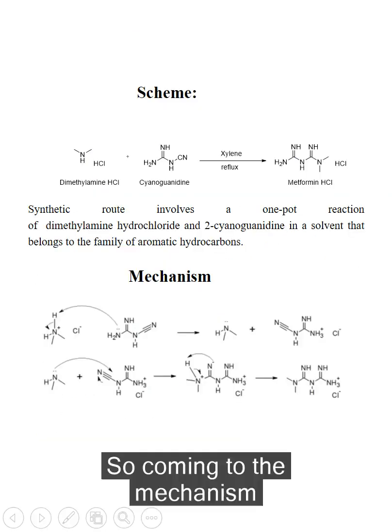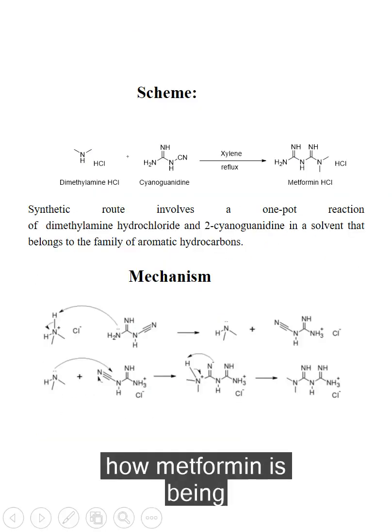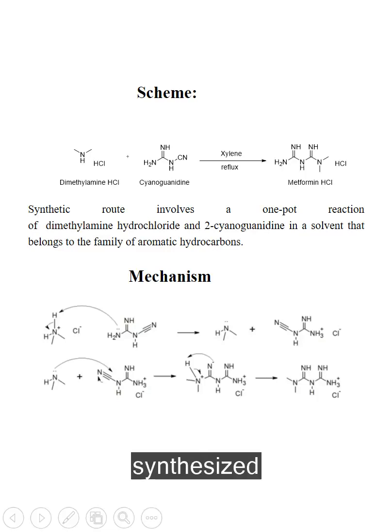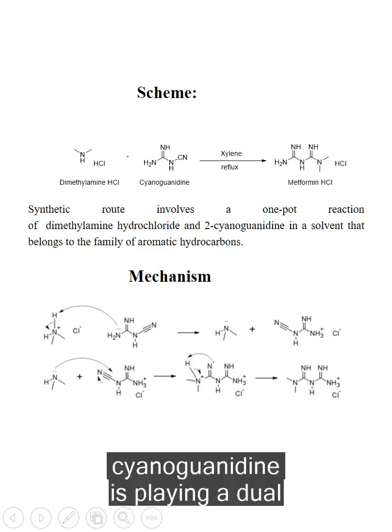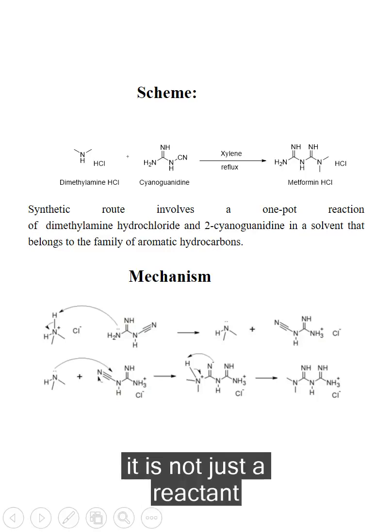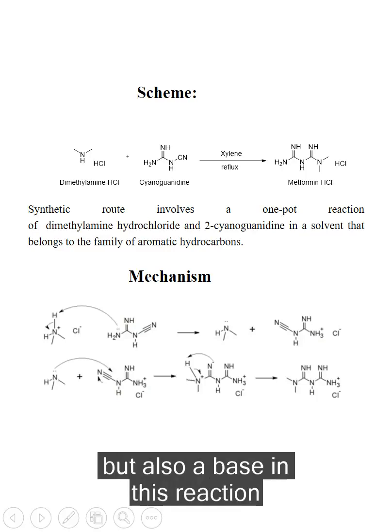So coming to the mechanism of how metformin is being synthesized, I just told you that cyanoguanidine is playing a dual role. It is not just a reactant, but also a base in this reaction.